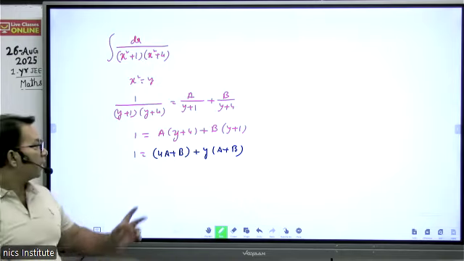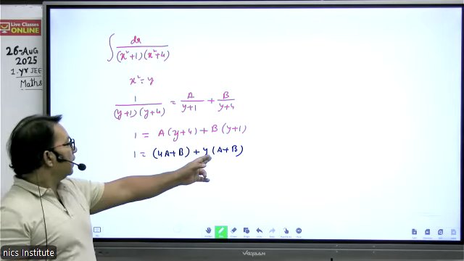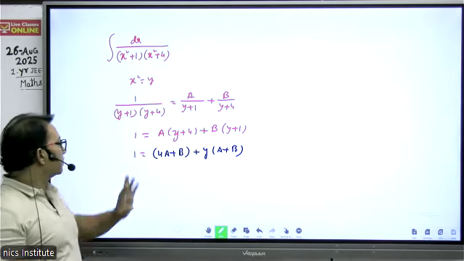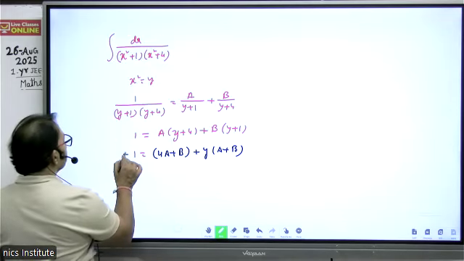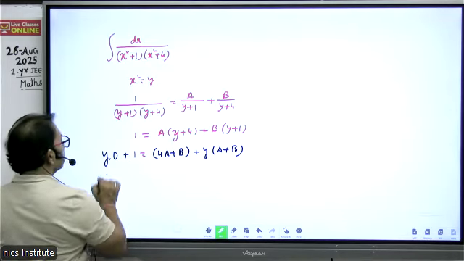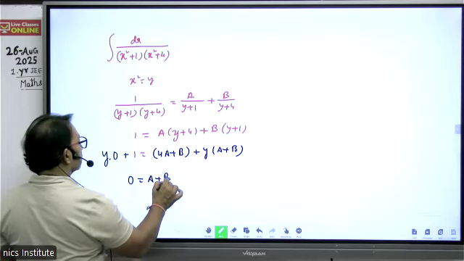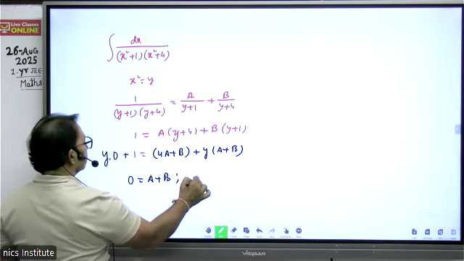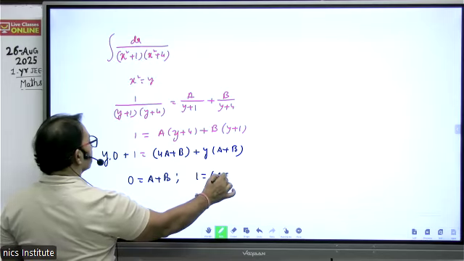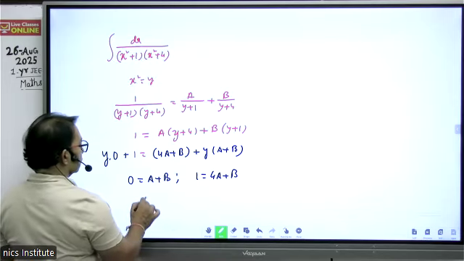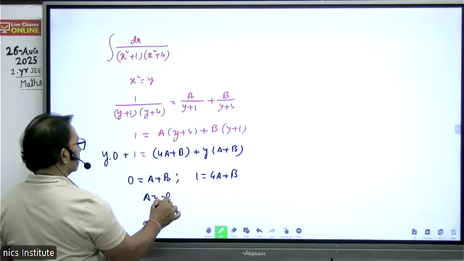I have opened the brackets. Terms of y, take y common. Constant term like this. On the left side, there's no term of y. That means the coefficient of y has to be 0. Constant term is 1 on the left, and on the right it is 4a plus b. So a equals minus b.